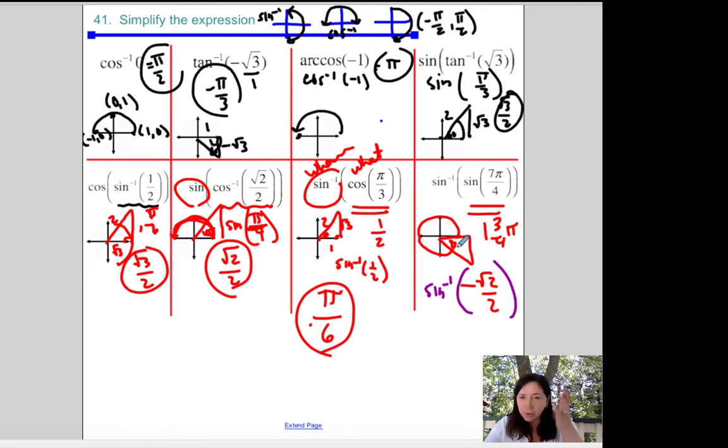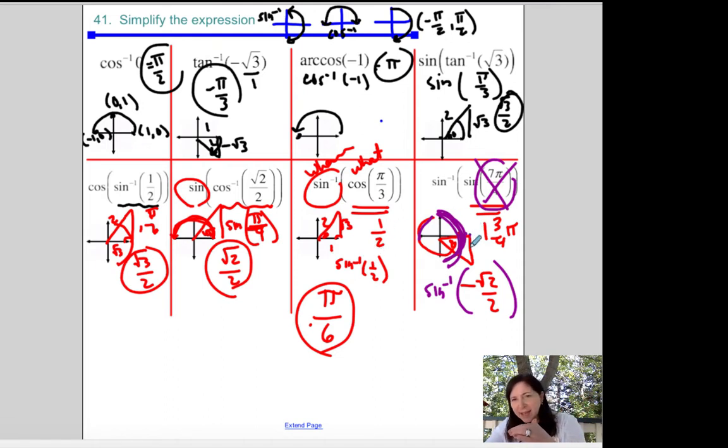with a restricted domain. So sine is restricted from 1 to 4. So where am I? If it's negative, I'm actually in the fourth quadrant. So you can't say 7 pi over 4 because remember, sine can only be from negative pi over 2 to pi over 2.